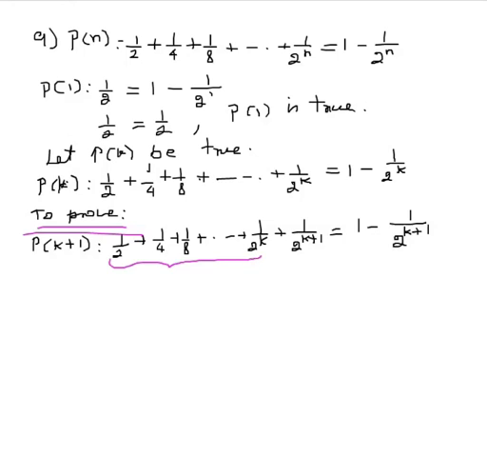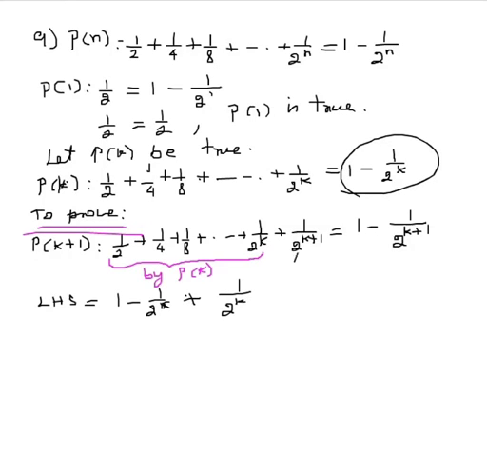Now, as usual, for the first k terms, we will write the result using P of k. Therefore, the left hand side of this P of k plus 1 statement becomes the total of the first k terms from here, plus the (k plus 1)th term. Now I am taking the minus sign out, so this will become plus, because minus of minus gives a plus sign.